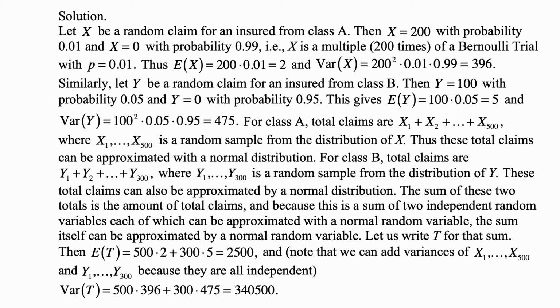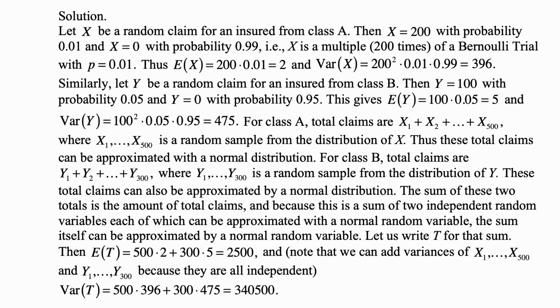For Class A, total claims are X1 plus X2 through X500, where X1 through X500 is a random sample from the distribution of X. Thus, these total claims can be approximated with a normal distribution.